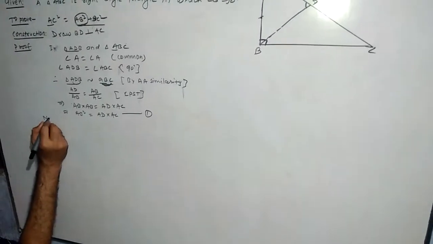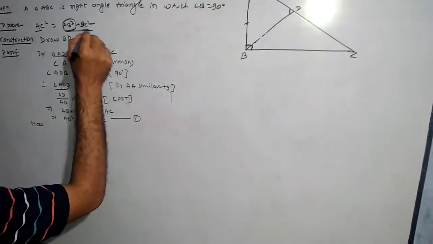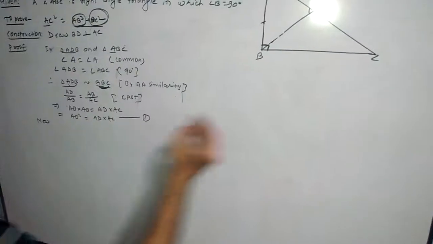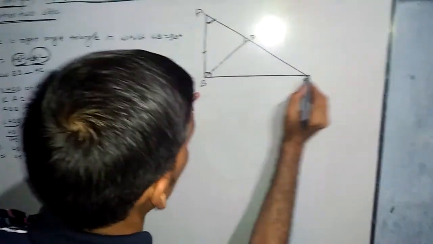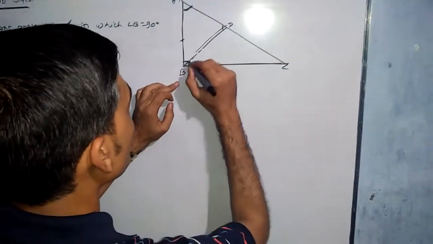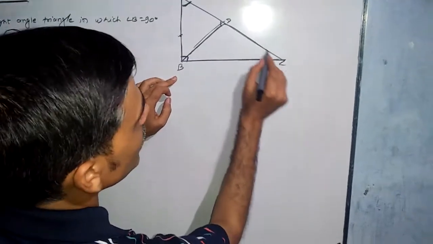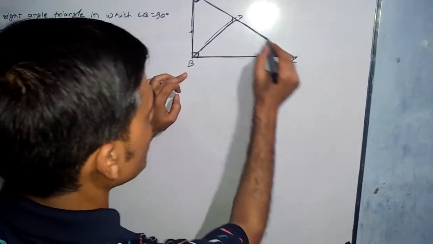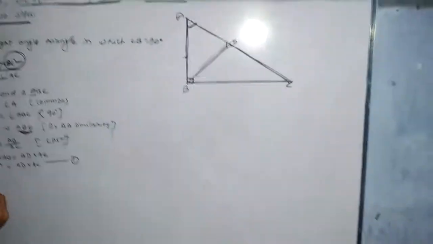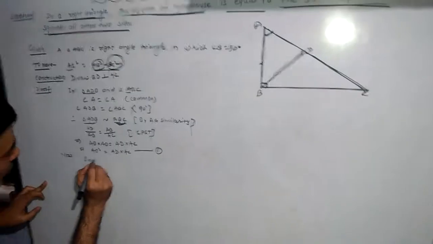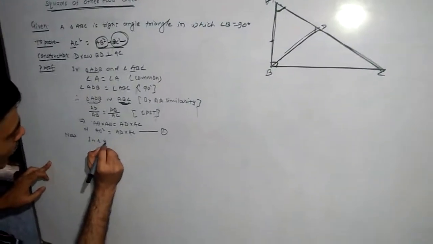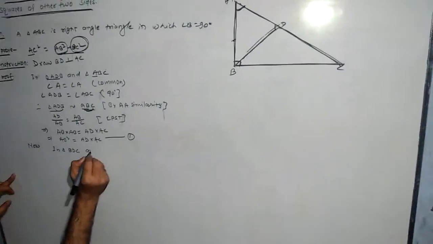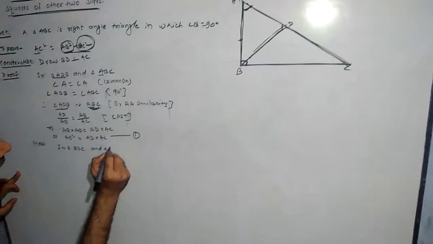Now, for finding BC square, BC square is here in triangle BDC and triangle ABC. Also we can write in triangle BDC and triangle ABC, what is common?